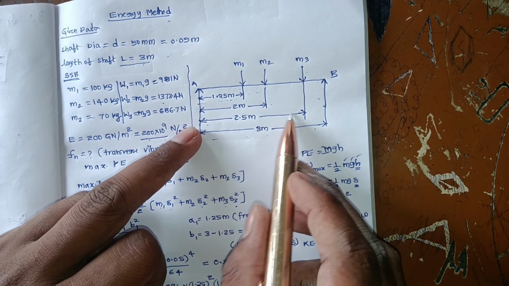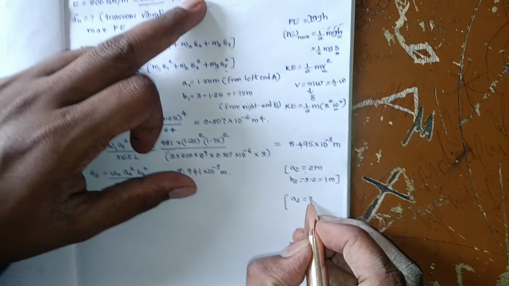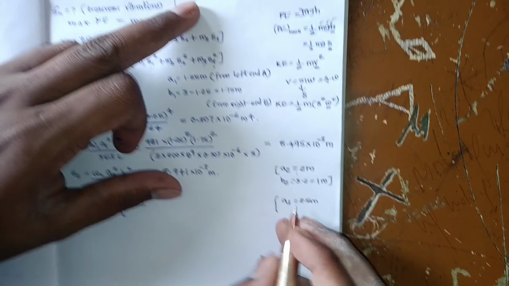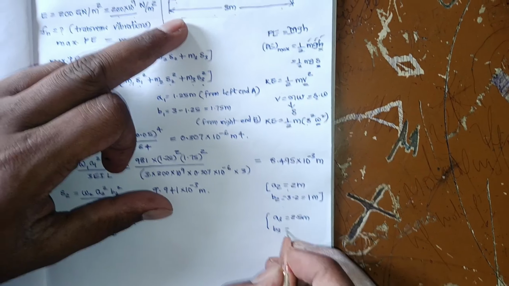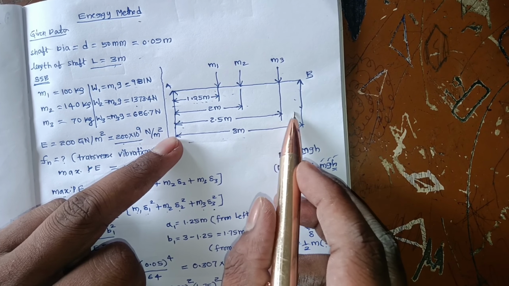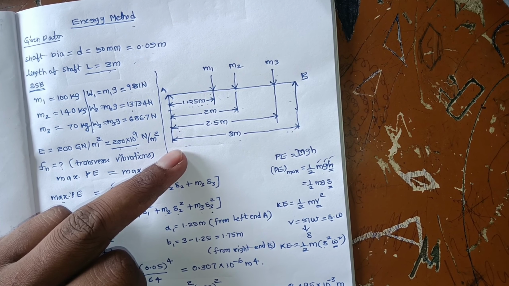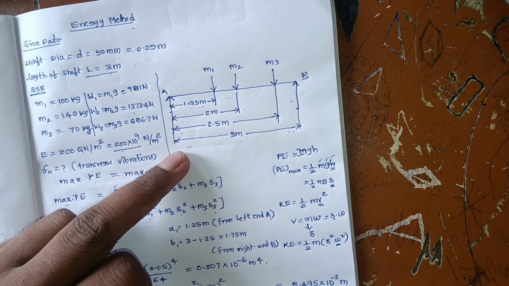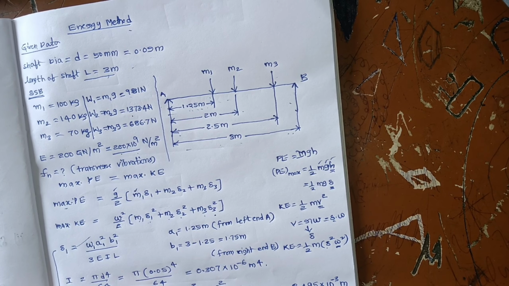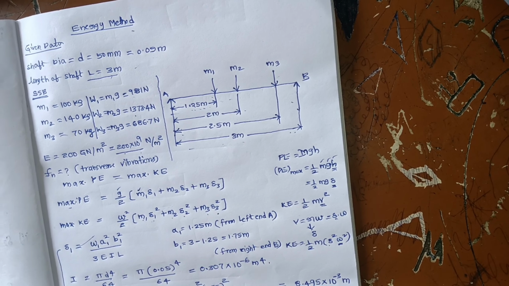See, here A3 is this value from the end up to mass M3, 2.5 meters. And B3 is the total minus this distance, that is 3 minus 2.5, that is 0.5 meters.